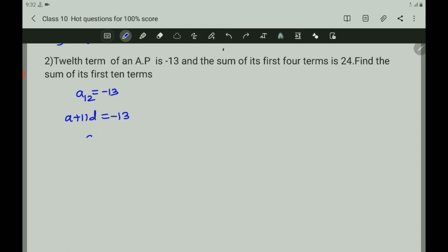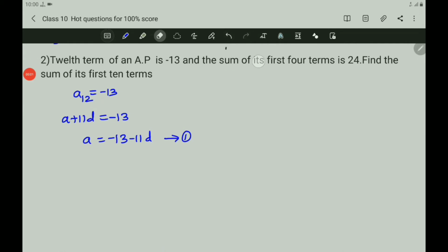So you take a equals, you transfer this 11d to the RHS, that becomes minus 13 minus 11d. Consider this as the first relation. Now what is the next relation given? The sum of its first four terms is 24. So the sum of the first four terms means they are A1, A2, A3, A4.